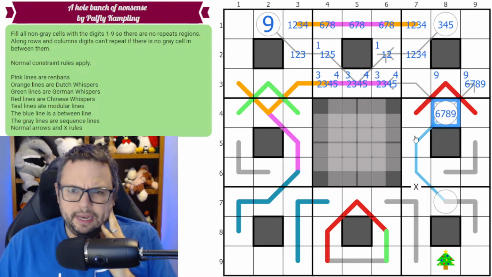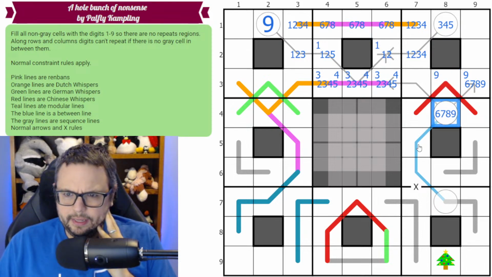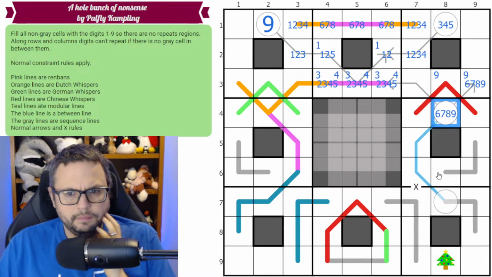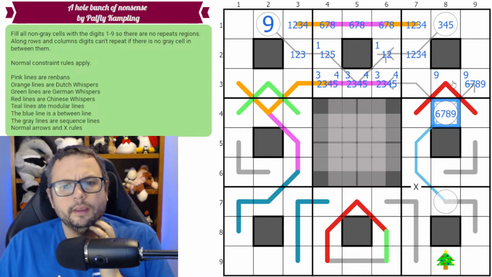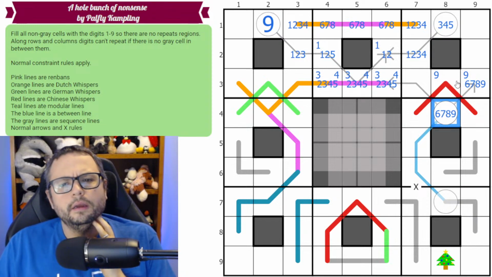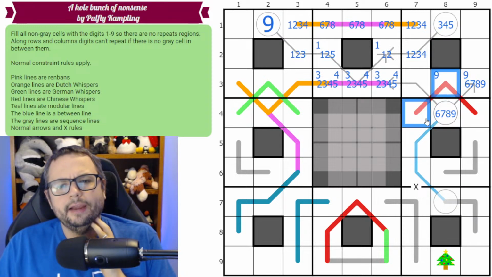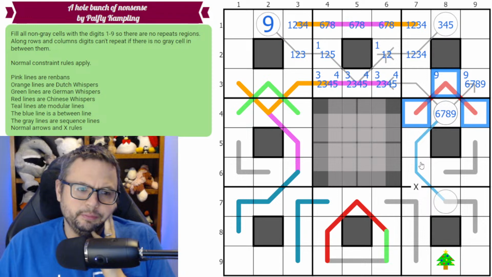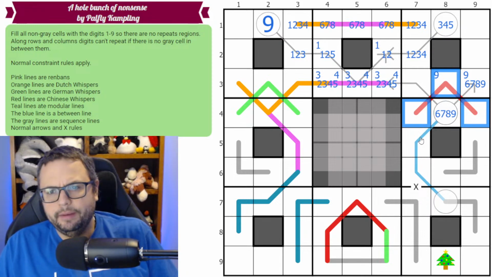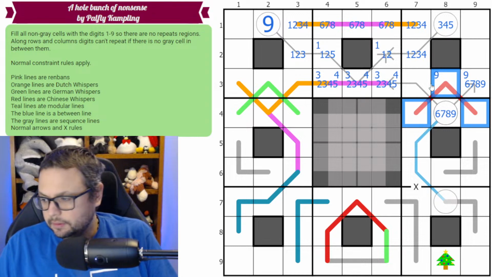And this is a between line, right? Yeah, this is a between line. Remember, 9 can actually go next to 9 on a Chinese whisper. Which is a thing I always forget, but 9 can go next to 9.